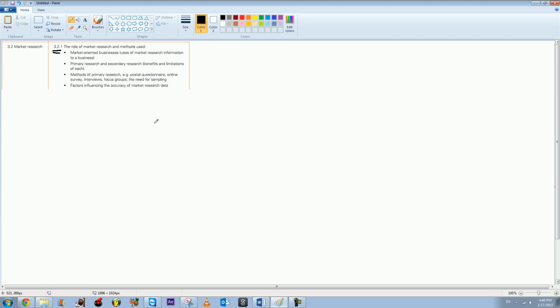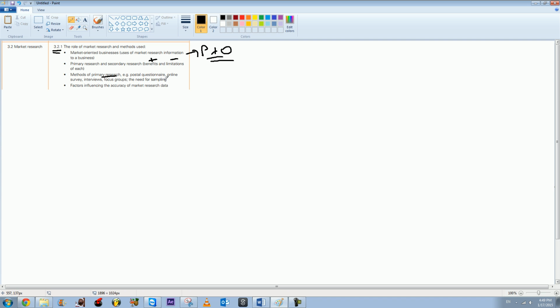So 3.2.1, the role of market research and methods used. Market-oriented business. Why doesn't it say product-oriented? And product-oriented, I think, should be better. Primary research, secondary research, positives and negatives as usual.